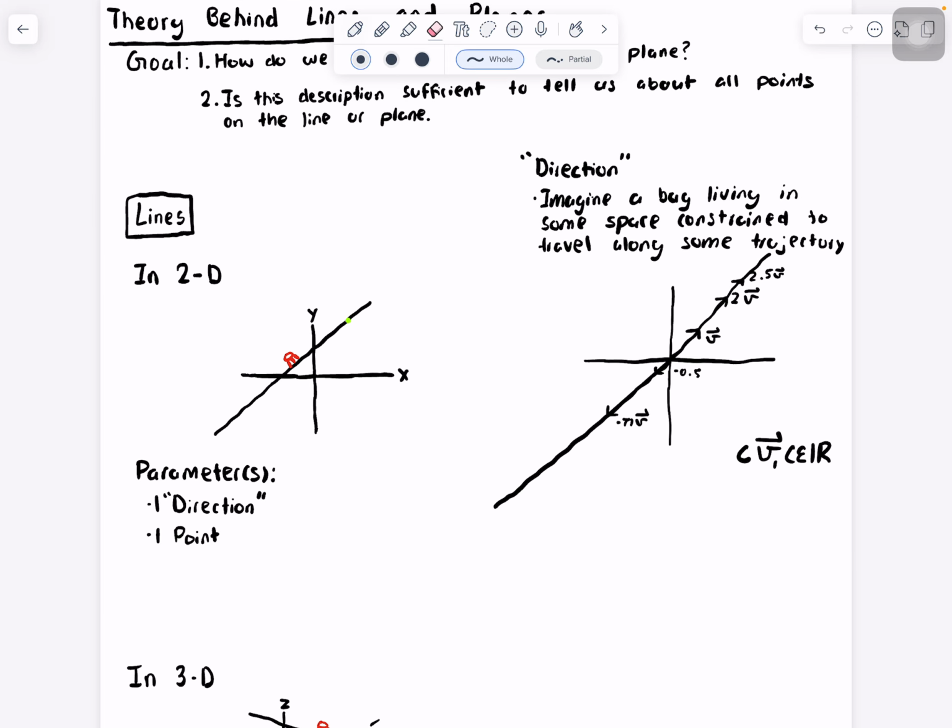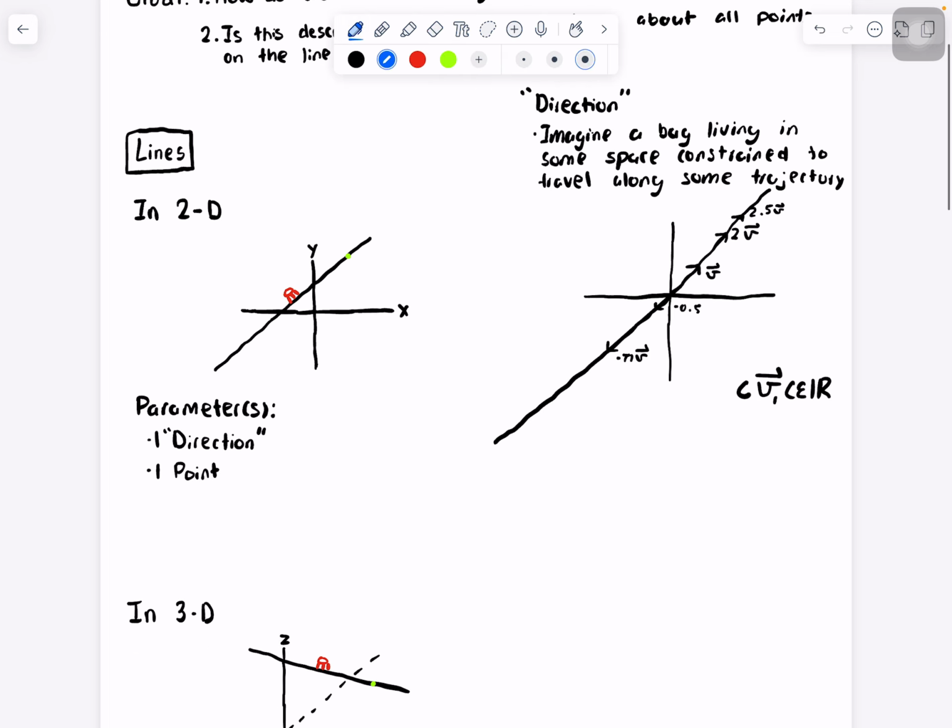So let's think about this. Let's say I want to define an arbitrary point here on this two-dimensional line. Okay, well, the first goal I have is to actually get on top of the line, right? I need to get on the line, so that I can use the known point.